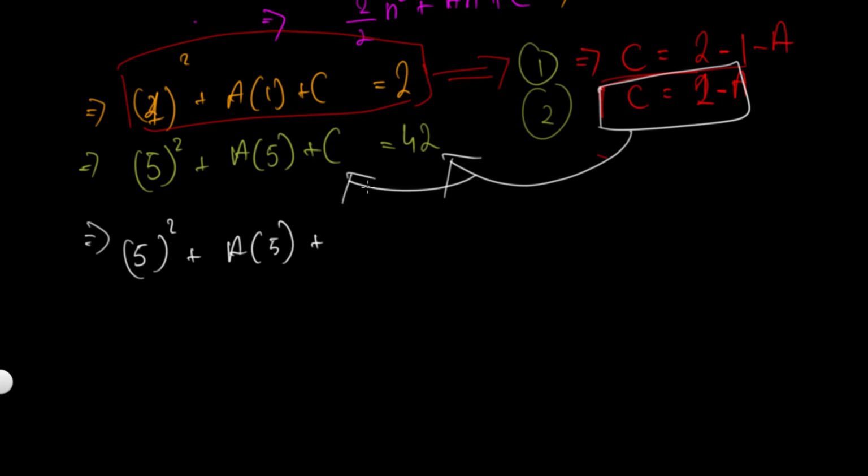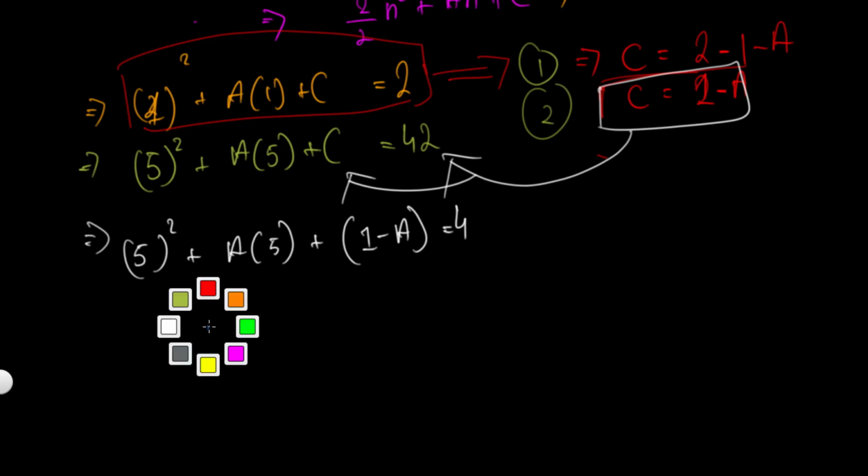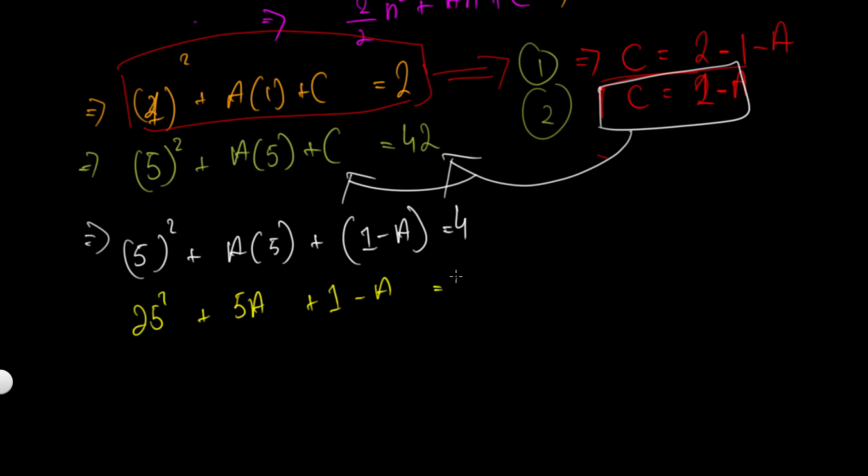So instead of c, it would be 1 minus a, is equal to 42. You have a single equation with a single variable, a little bit of algebra, and you can find the answer. 5 square is 25, 5 into a is 5a, plus 1 minus a is equal to 42.